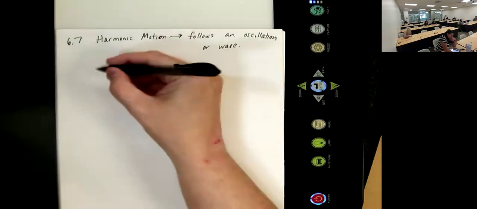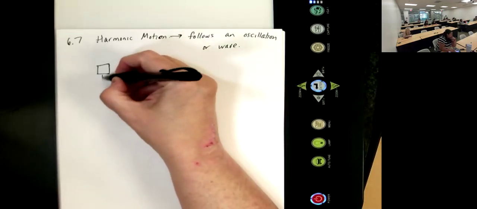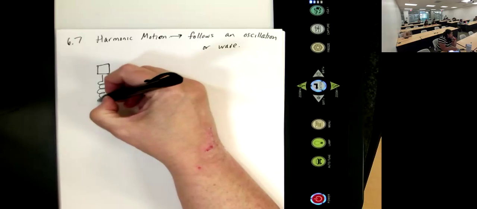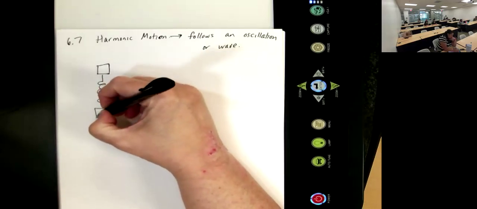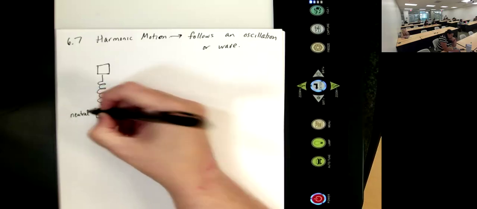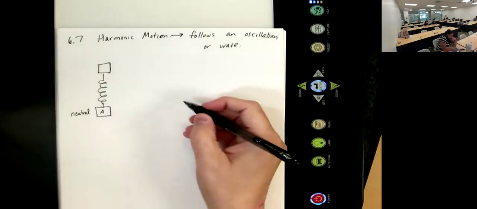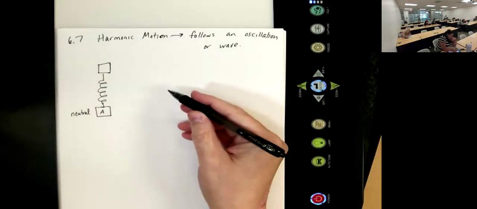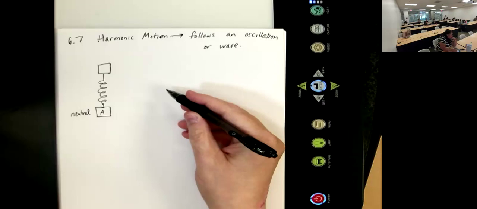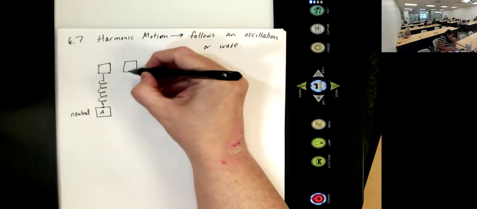A simple example would be if I start with a mass hanging from a coiled spring. And this is in the neutral position. I'll call that step A. And then it's pulled down.